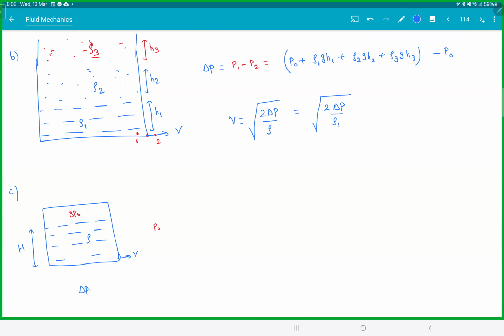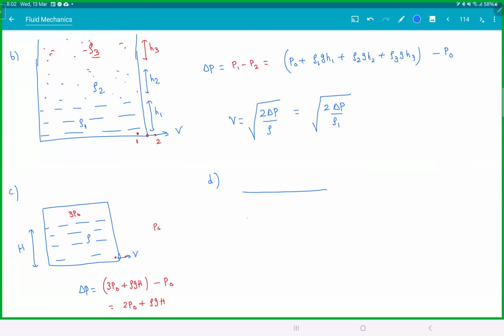What is delta P here? Pressure inside and outside, so the pressure just inside the hole and outside. This will be 3p naught plus rho gh minus p naught, which is 2p naught plus rho gh. Make sense? Put it in the formula, you'll get the answer.